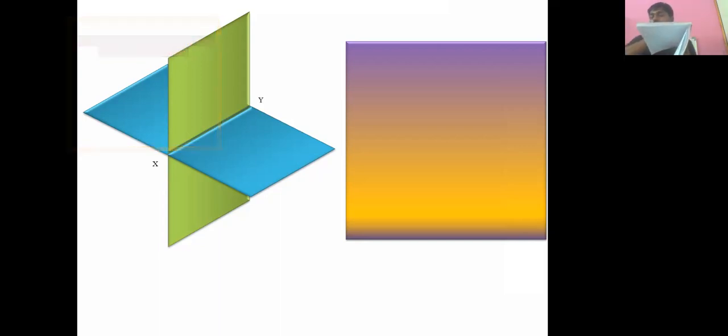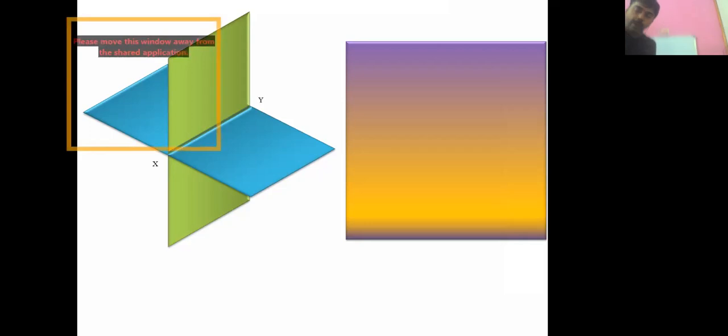So since it is below, I say it is below HP. It is lower than this. This is HP and this is VP: everything vertical is VP, and everything horizontal is HP. Below HP and behind VP, like this, right? This way, when I'm talking about this, it is below HP and in front of VP now.